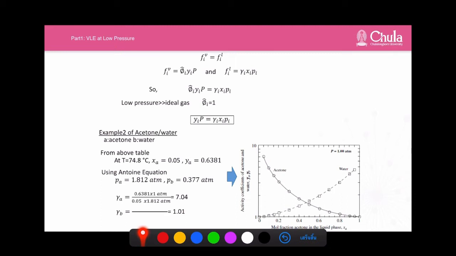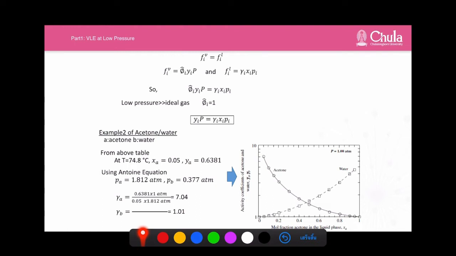And because our system is not pure, our system is a mixture, the fugacity of component i in liquid phase is calculated as gamma i, or activity coefficient of component i, xi and Pi sat, where Pi sat is the vapor pressure of pure component i.